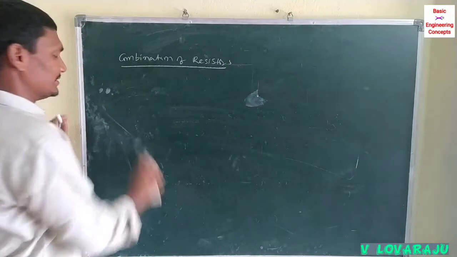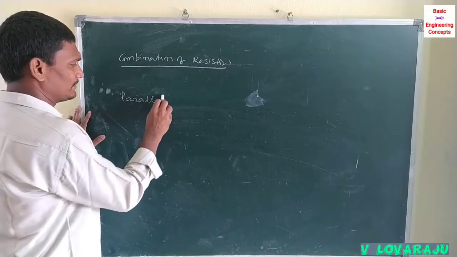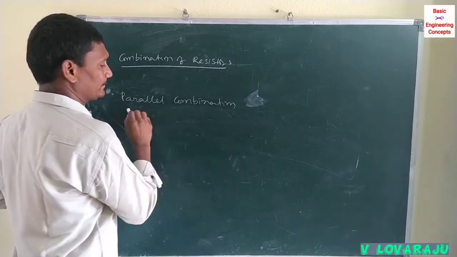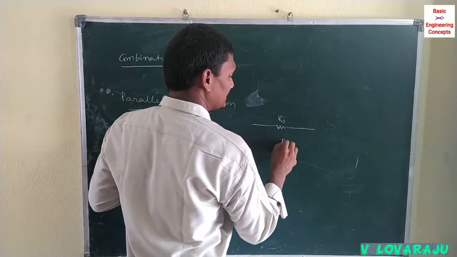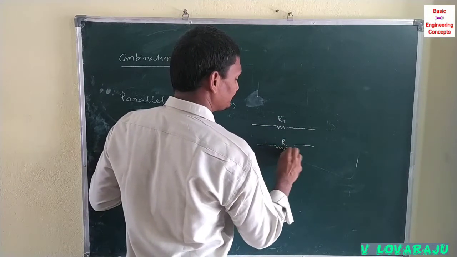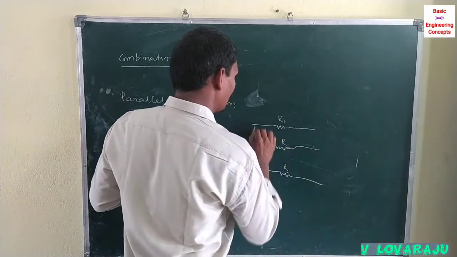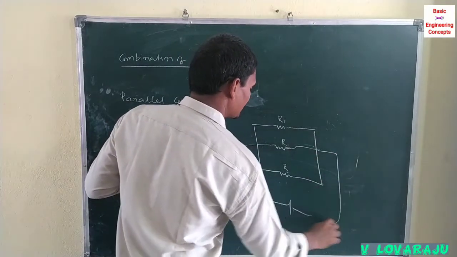Next, parallel combination. This is the first resistor R1, this is the second resistor R2, this is the third resistor R3. This is a parallel combination of resistors.